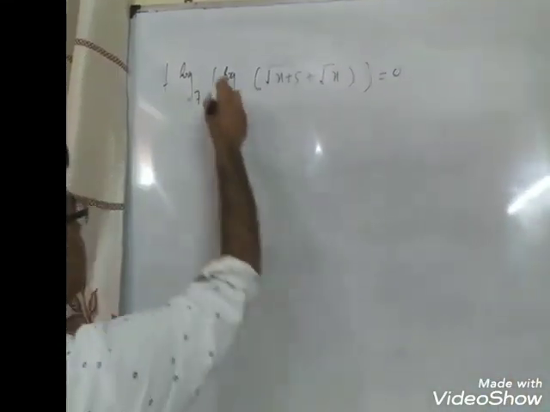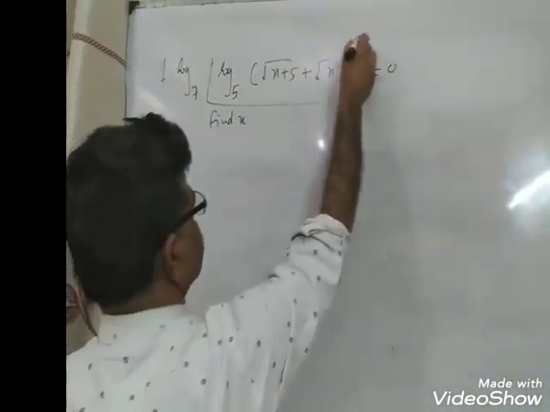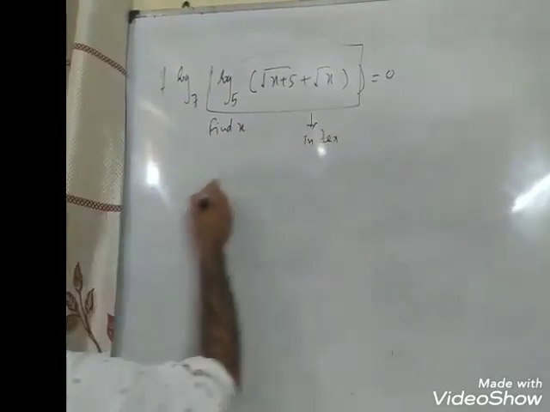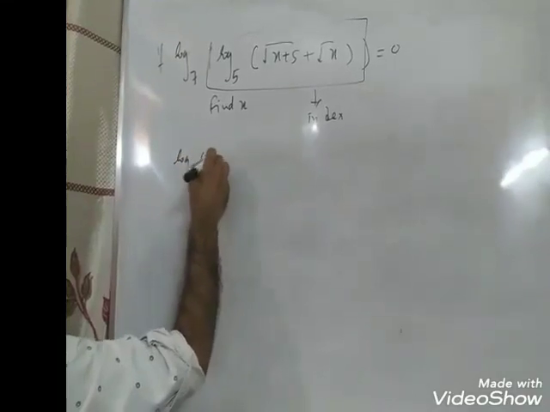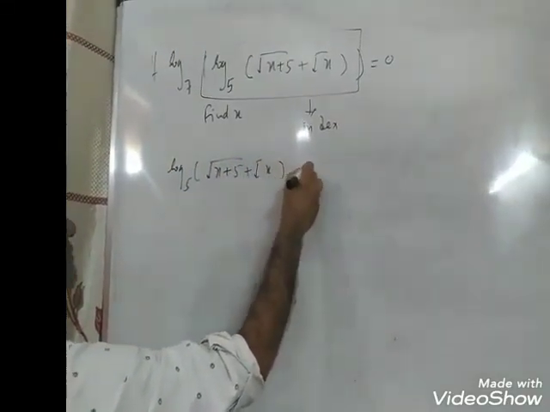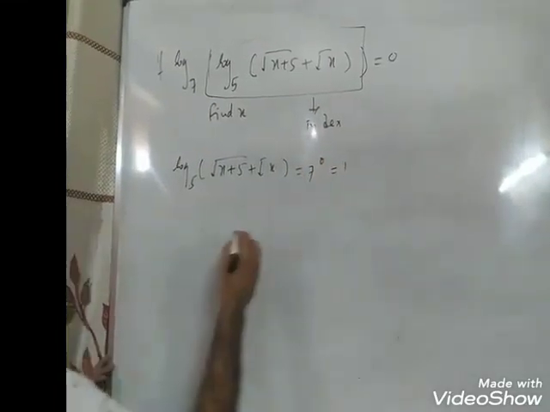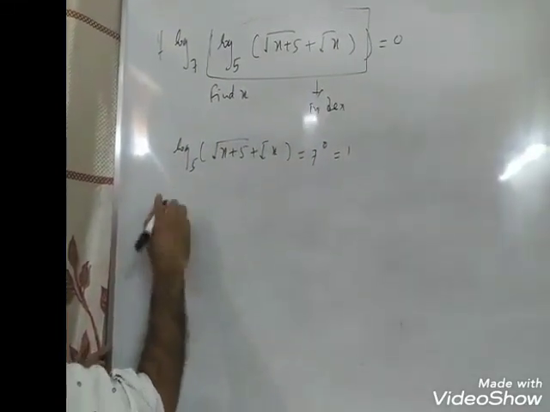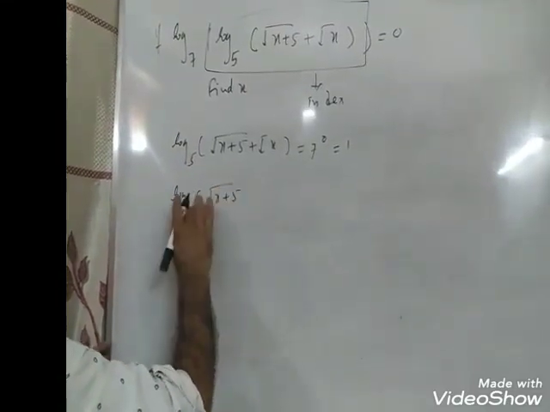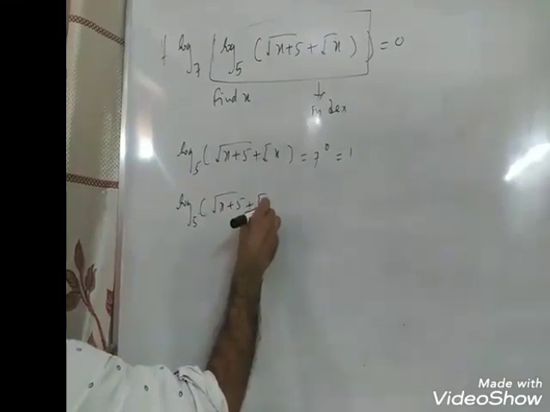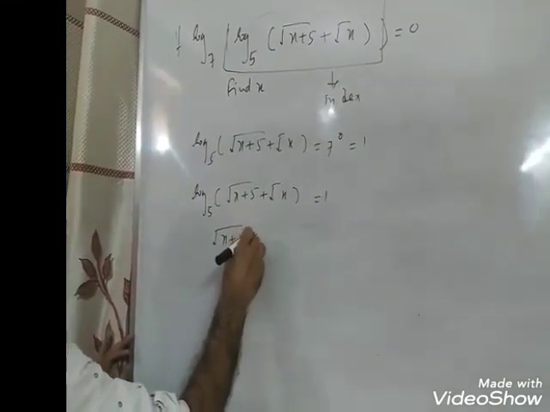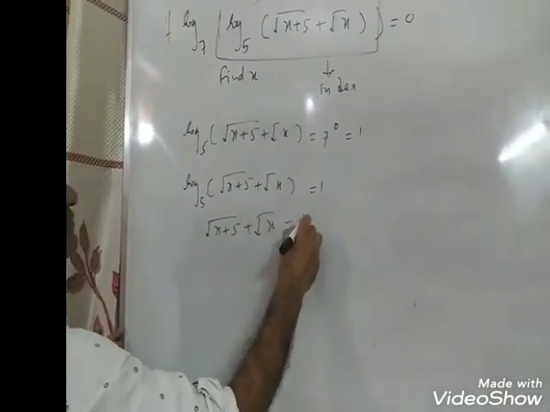So you can see that this whole thing is going to be the index. So log_5(root(x + 5) + root x) = 7^0, which is equal to 1. So log_5 of the square root of x + 5 plus root x is equal to 1. Similarly, root(x + 5) + root x can be written as 5^1, which is equal to 5.